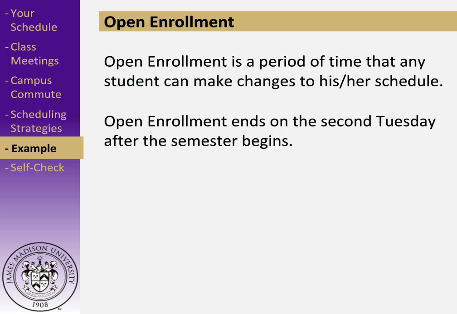After your 48-hour enrollment window, you will still have the opportunity to make changes to your schedule during open enrollment. Open enrollment is a period when any student can make changes to their schedule. Open enrollment will begin shortly after all of the summer springboard orientation sessions have happened.